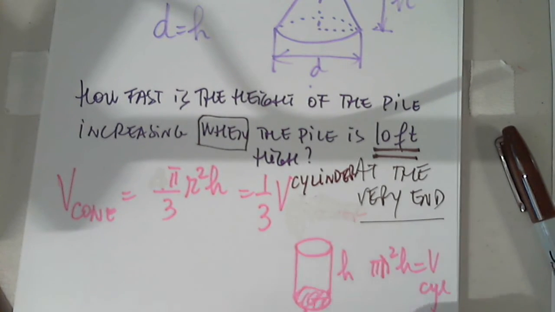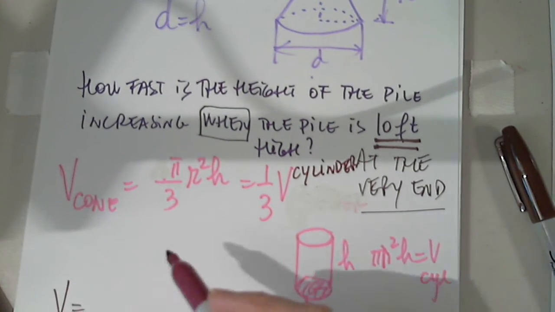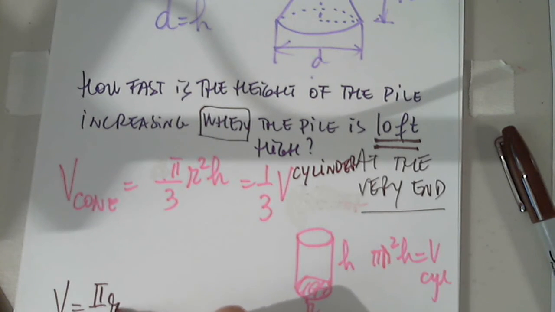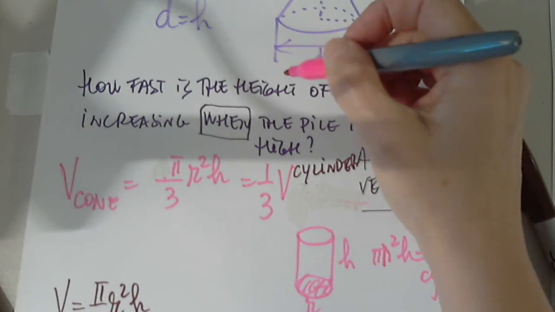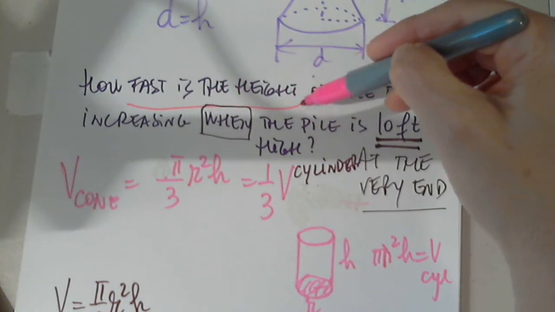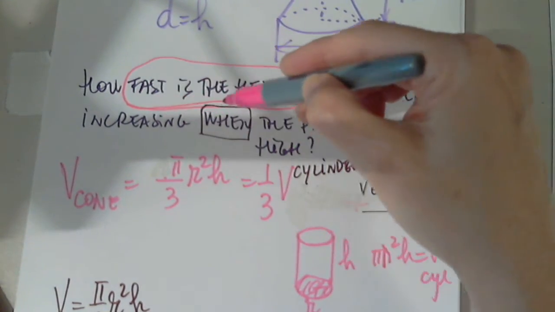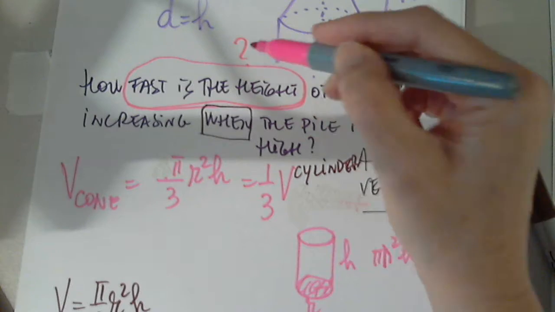Okay, perfect. So I have the volume. I'll write it here one more time. Now I have to ask myself, what am I asked to determine? That's the next key. How fast is the height changing?